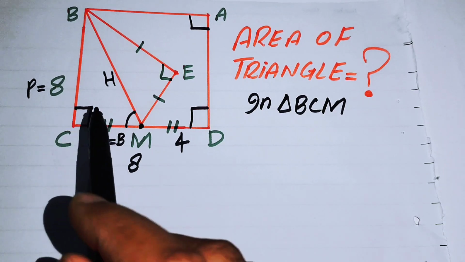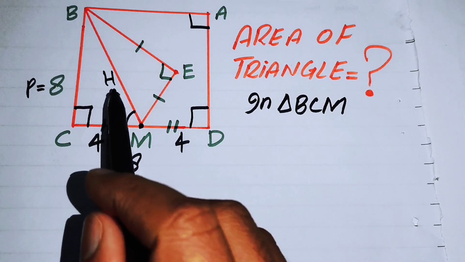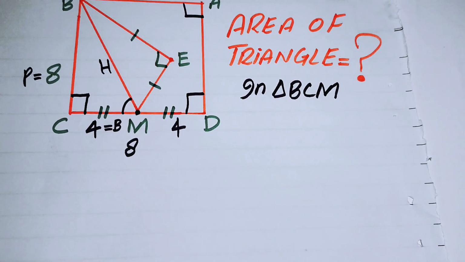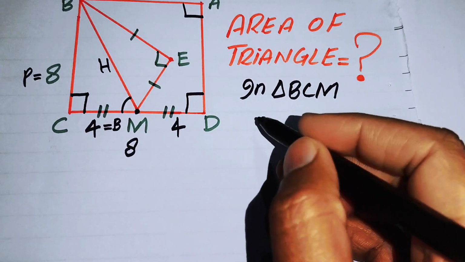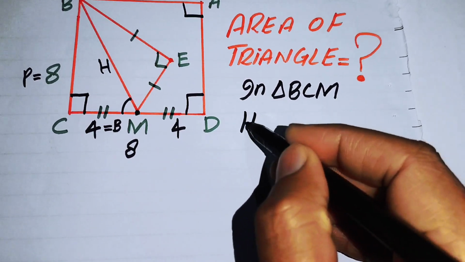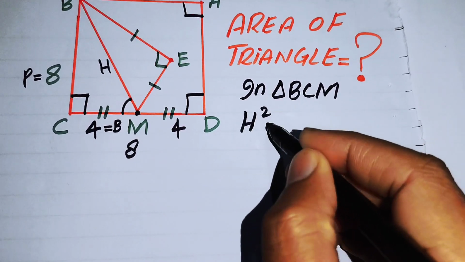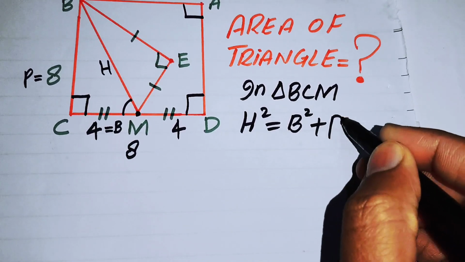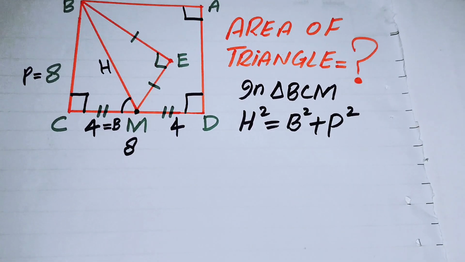So now first we find the length of the hypotenuse. We use the nice Pythagorean theorem. According to the Pythagorean theorem, hypotenuse square equals base square plus perpendicular square. So this is known as the Pythagorean theorem.